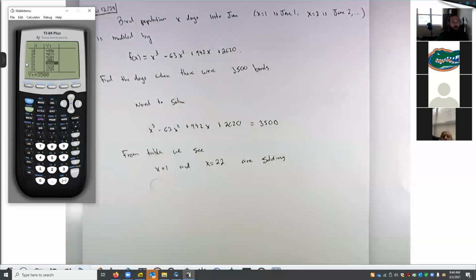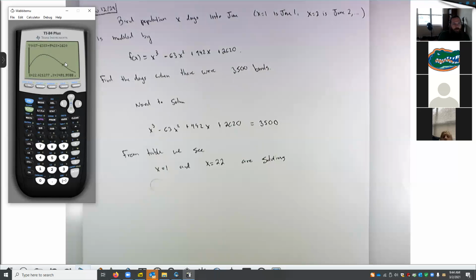And if we go back to the graph, based on the shape of the graph, do you expect to find any more solutions? I don't. So when x is equal to 1, we hit this y value, and then we go up, and then we come back down, and we hit that y value one more time, somewhere right around here.